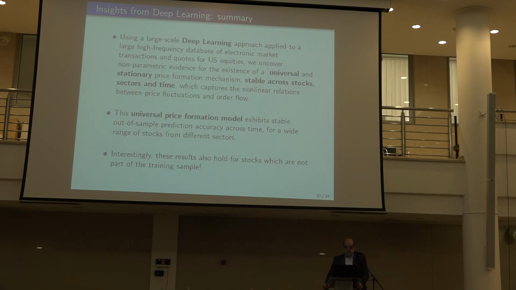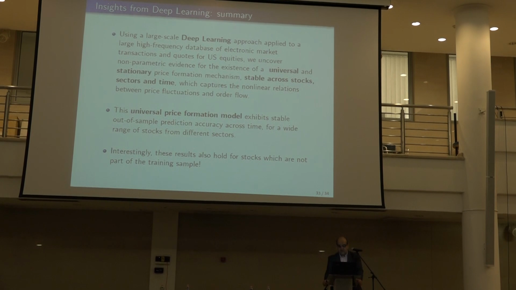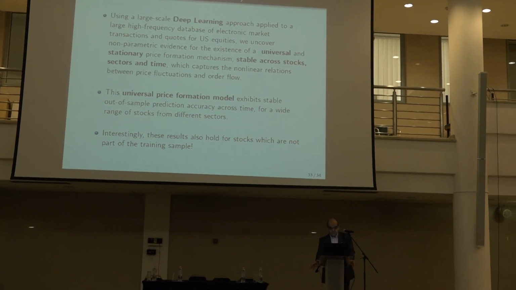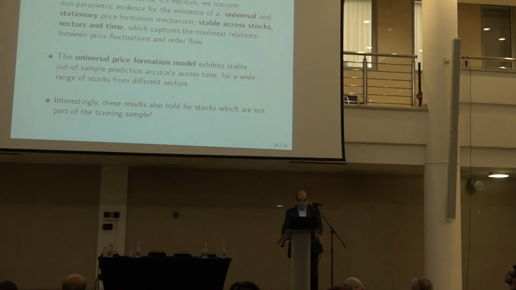So let me summarize. We've shown that a large-scale deep learning approach can be applied to high-frequency databases of electronic market transactions and quotes. We applied this approach to US equities, and we uncover non-parametric evidence for some universal and stationary features of price formation in markets, which are found to be stable across stocks, sectors, and time.